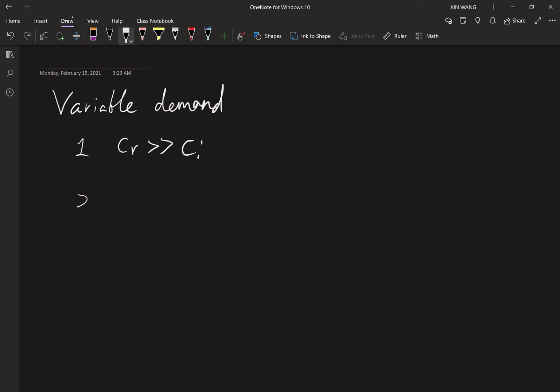And then in the second extreme case, we consider the inventory waiting cost is much larger than the rent cost. In this case, we do not have a simple method to solve, but we develop some interesting algorithms. For example, we have this shooting method and also our dynamic programming algorithm.